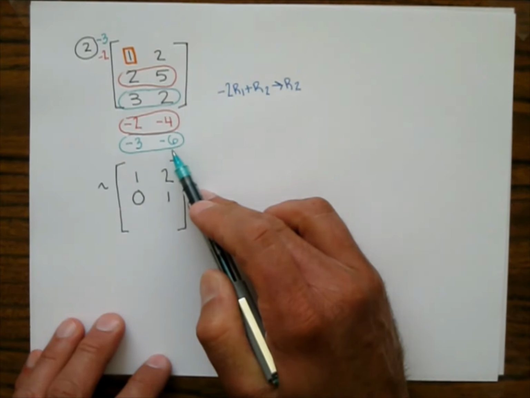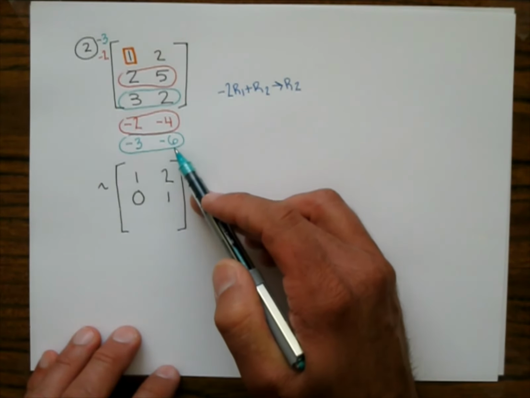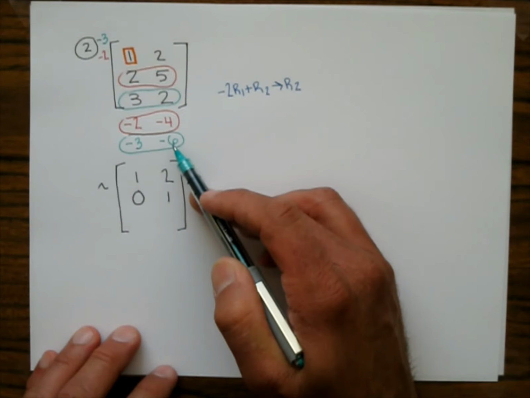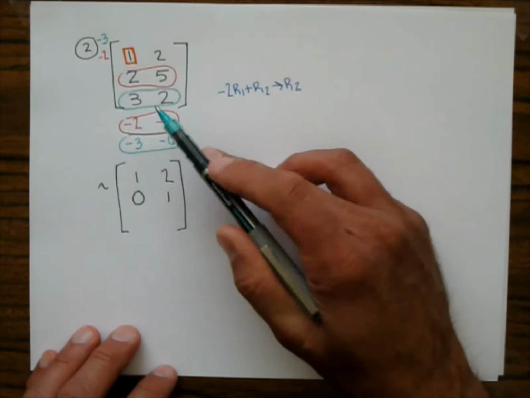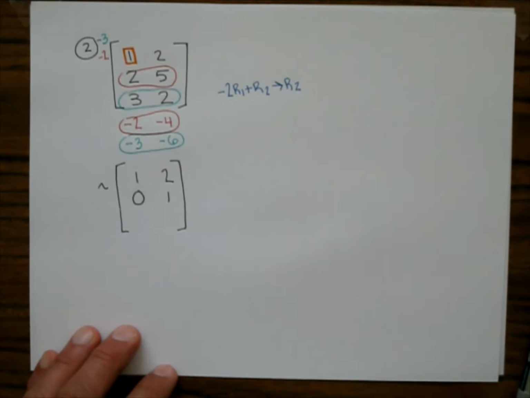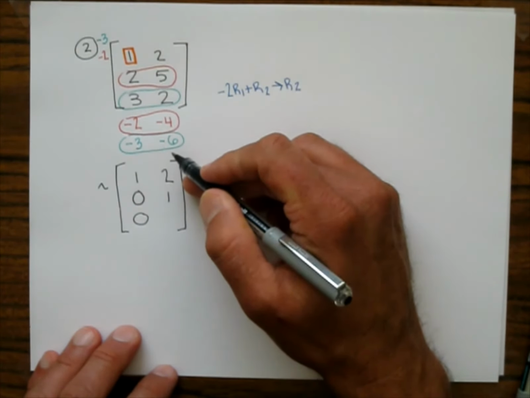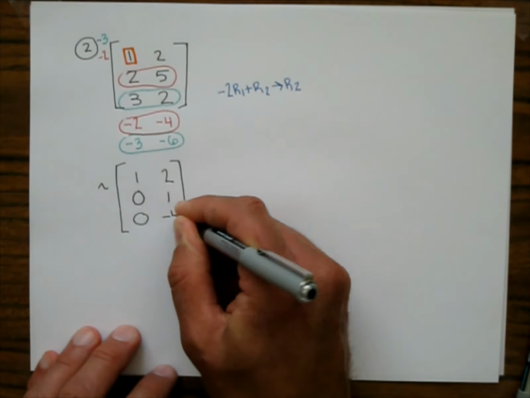to row 3. Now this is where it really helps to have this on video, because you can pause the video at any time and think about what I'm saying. So what we have is when I add those 2 green things that I circled, I have 3 minus 3, which is 0, and 2 minus 6, which is -4.